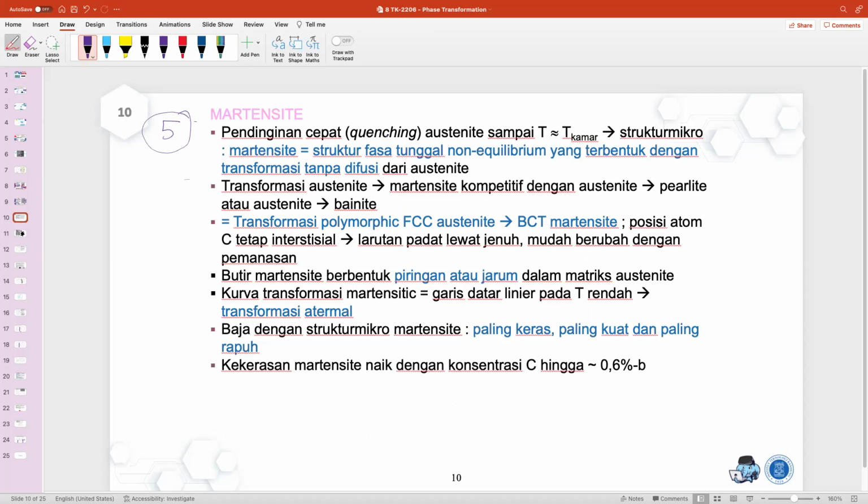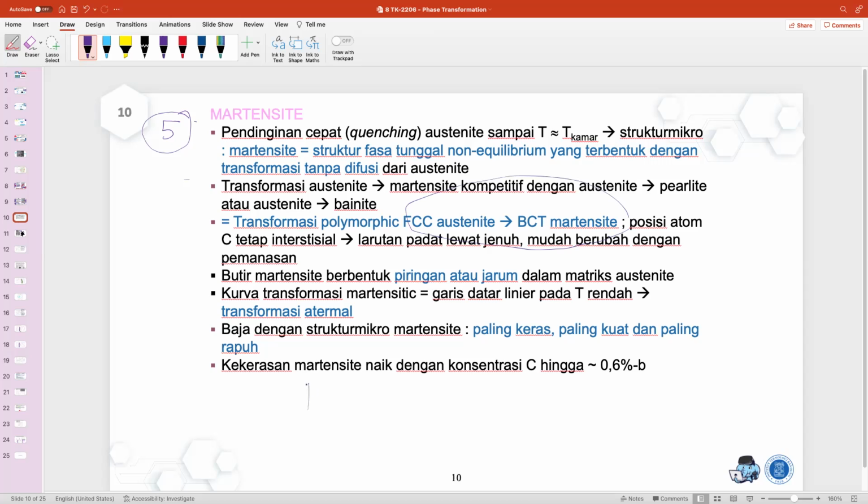Okay, and then if you look at here, if we quench them, rapid cooling, from the austenite at high temperature to room temperature, the microstructure we know is martensite, a non-equilibrium phase, and it actually changes into BCT martensite.